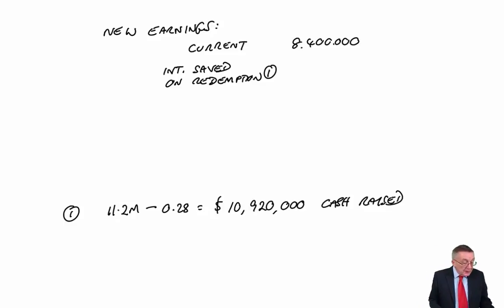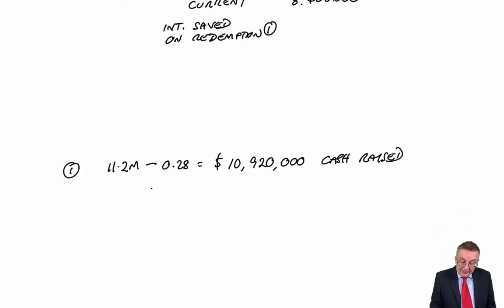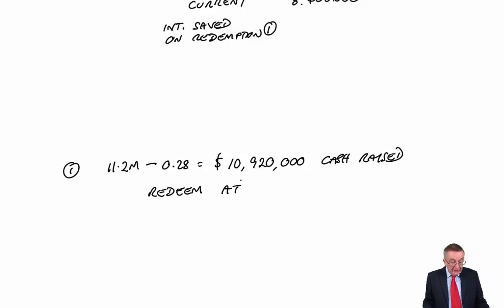How much interest will we save? Well, we're going to redeem the loan notes at a 5% premium to the market price. And so we're going to redeem these loan notes or repay at the current market value, which for 100 nominal is 104.